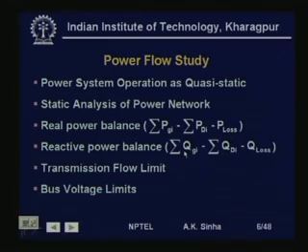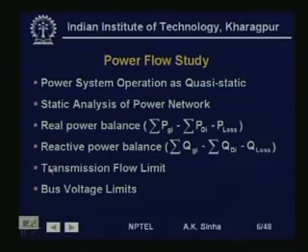Same thing for the reactive power also, sigma Qgi minus sigma Qdi minus Q loss is what gives us the reactive power balance, that is sigma Qgi minus sigma Qdi minus Q loss must be equal to 0.